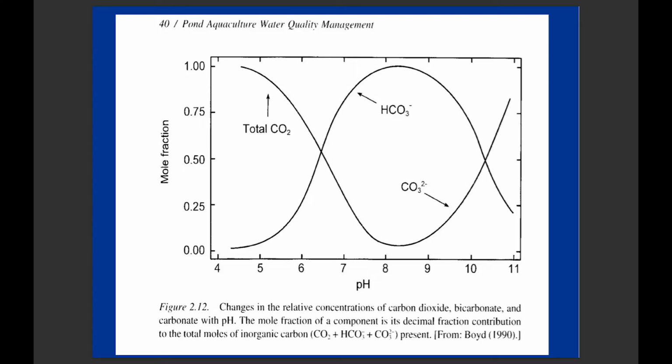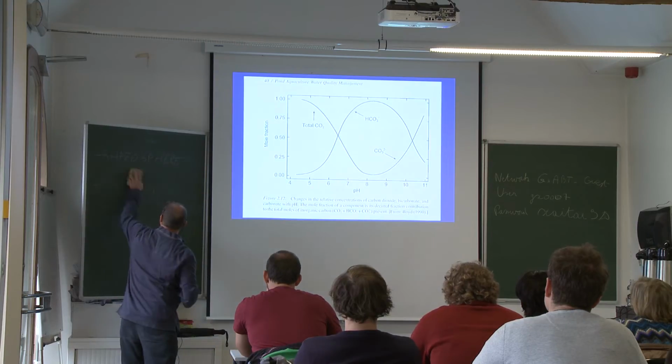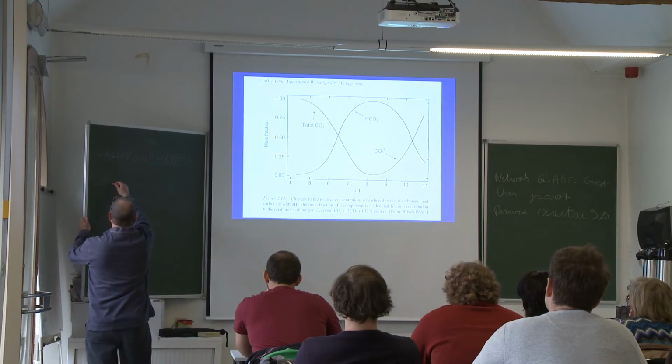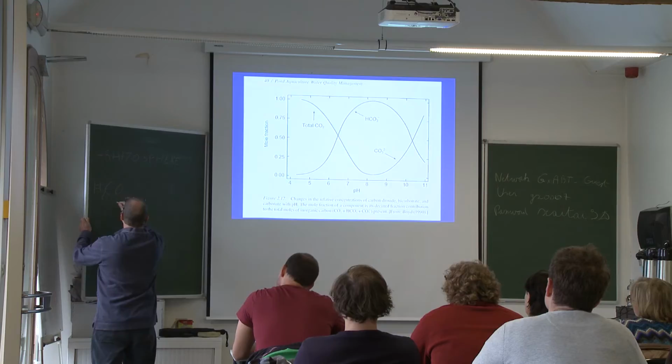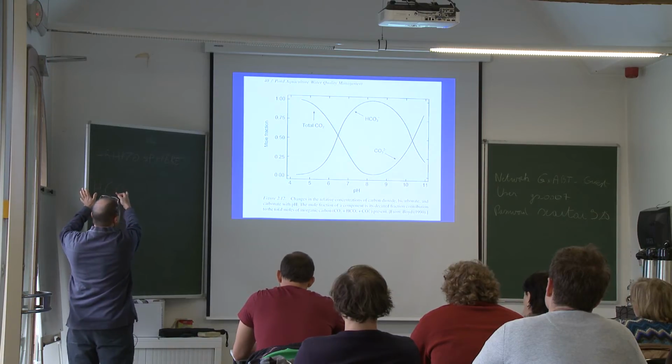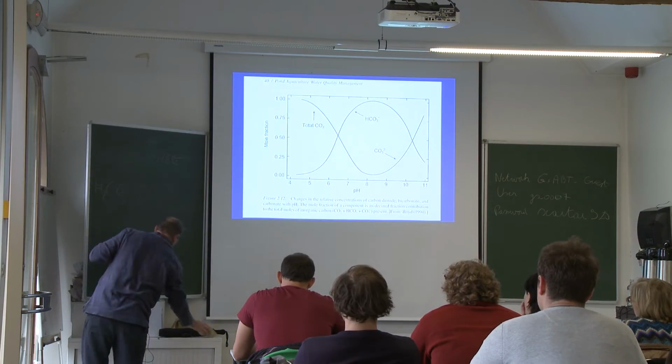Let's continue and stay with the natural alkalinity system in most natural water, which is calcium carbonate, and it's pH-dependent, right? It's a chemical equilibrium system where we have H2CO3, which is the acid form, but this is in equilibrium with CO2.